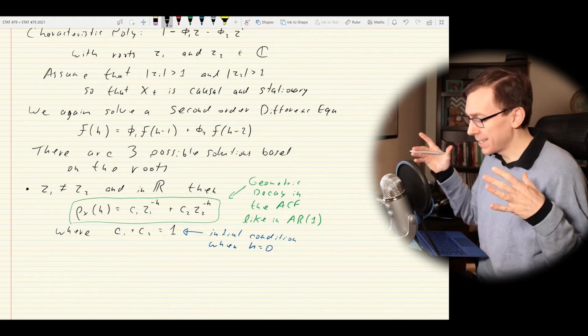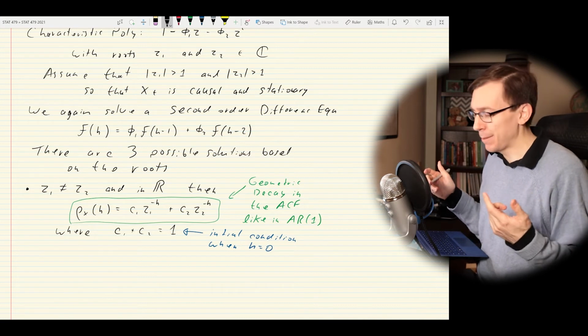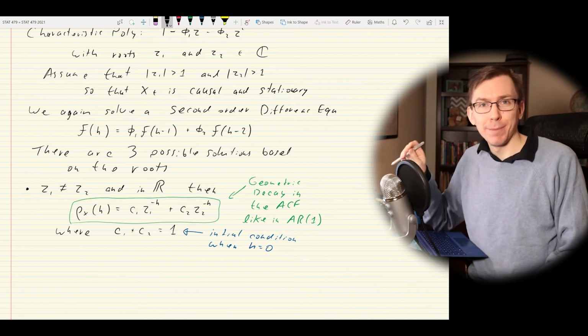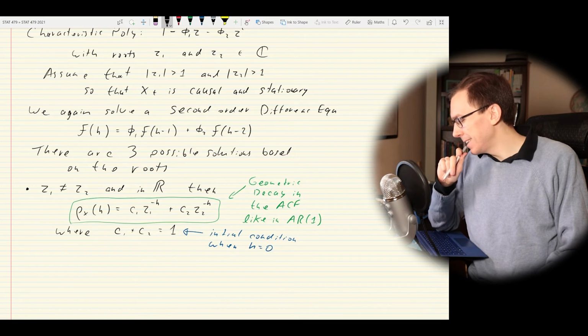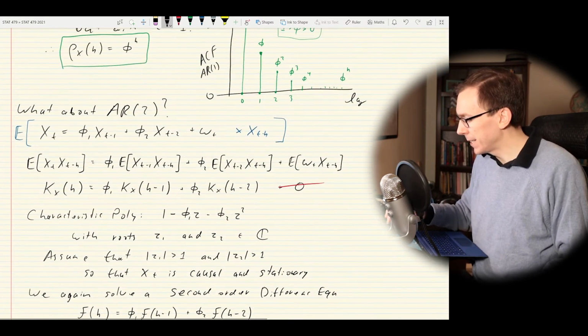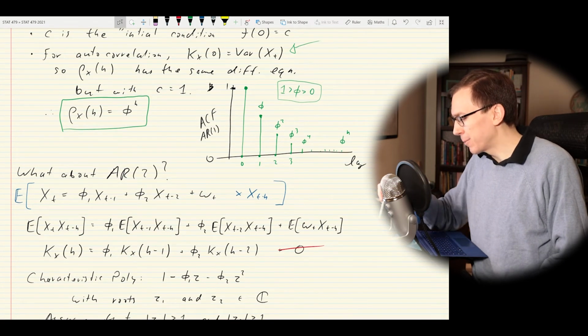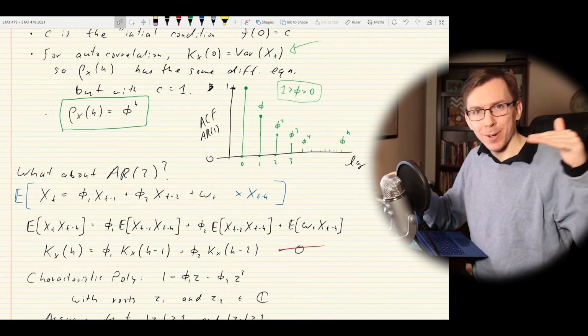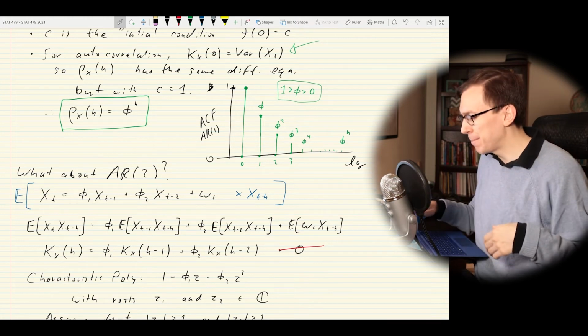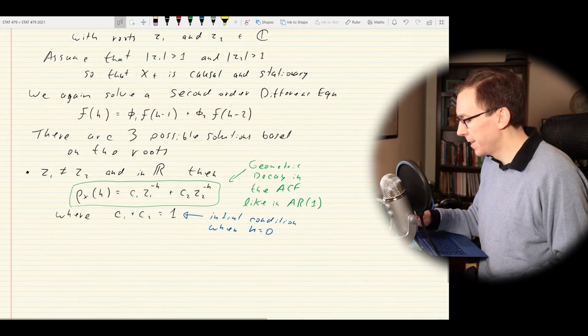So that's roughly the idea: if you have 2 real valued roots that are not the same, you're going to see behavior that looks very similar to what you saw in the AR1 process for the ACF function. But it's not going to be straightforward how to interpret the values, because over here, it was very easy to note that we were just going to go phi and phi squared and phi cubed and decay like that based on whatever that autoregressive coefficient is.